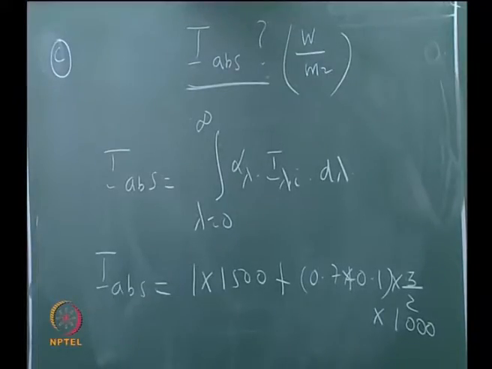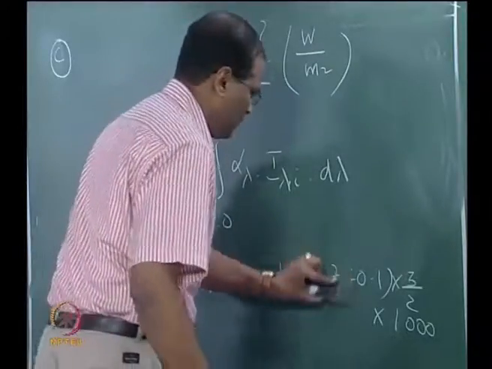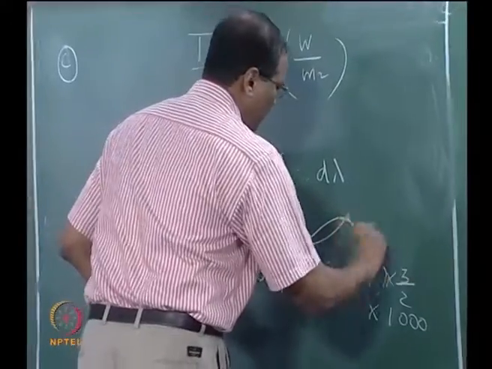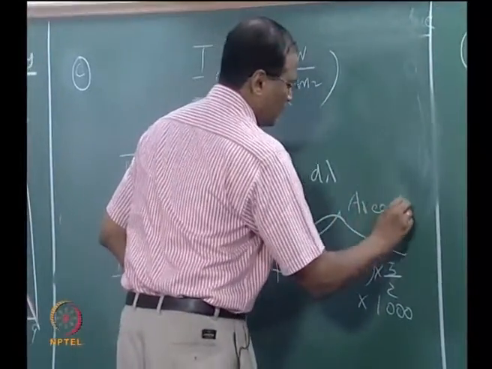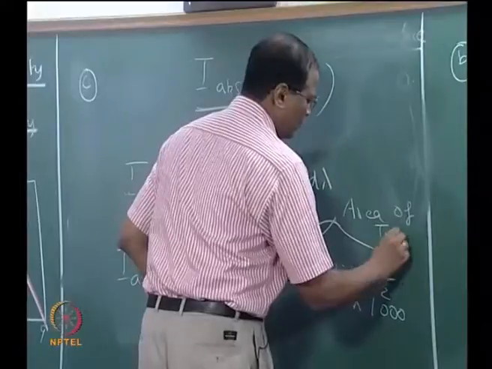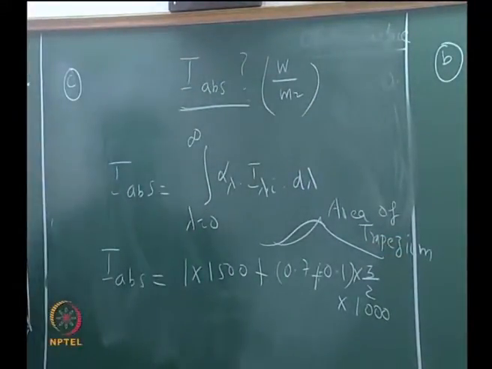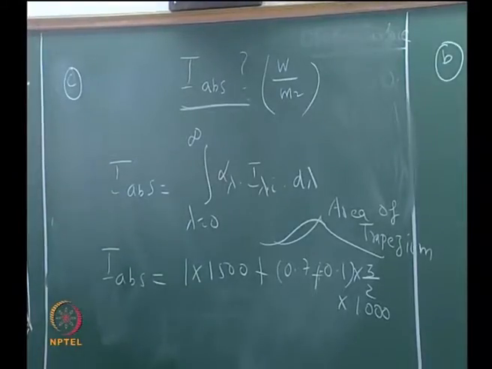Sorry, 0.7 plus 0.1, not into. All of you got this? This is the, because it is varying.